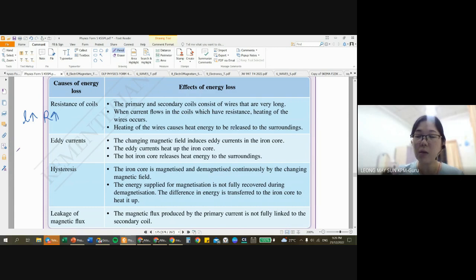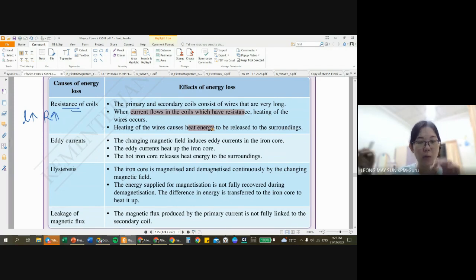When the wire is longer, there is going to be resistance inside the wire or the solenoid or the coil. So it will cause the current flowing to have resistance, and heating of the wire will occur. And when there's heating of the wire, that's where heat energy is released to the surrounding. Very simple. You go and touch some of your wires, right?